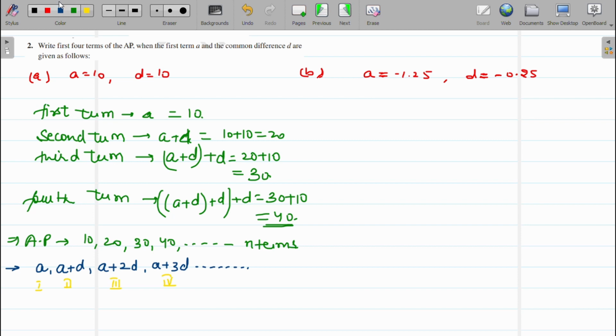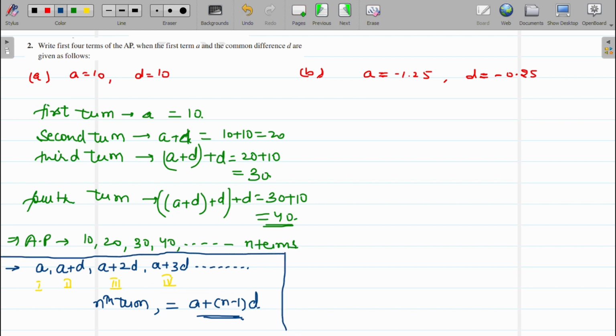So that means my nth term should be, and we'll generalize this in the next video, just quickly writing it down, the nth term should be A plus n minus 1 into D. This is the standard formula we use for the nth term in an AP. So we'll come back to this in the next video.